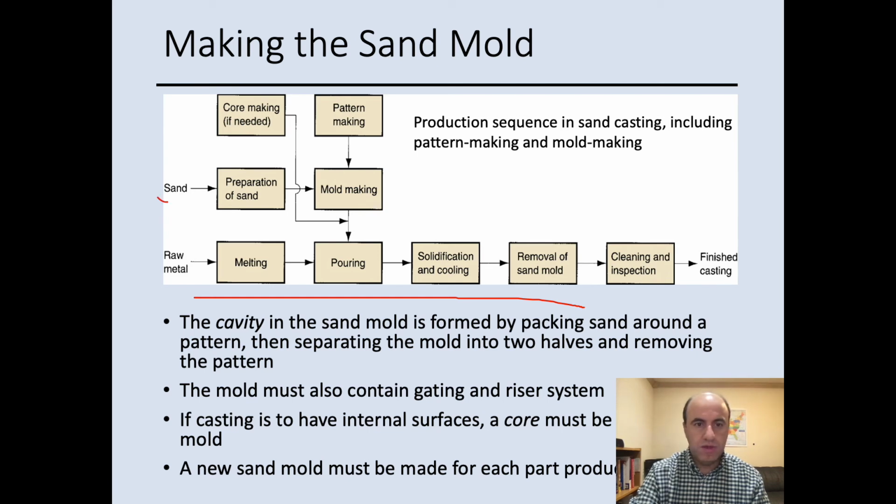But then in the mold preparation, we have to make some mixture of sand with a binder, and then if we may need core, we have to make core. If we need pattern, that pattern has to be made. Then all of them, pattern, core, and sand, will be used to make that mold.